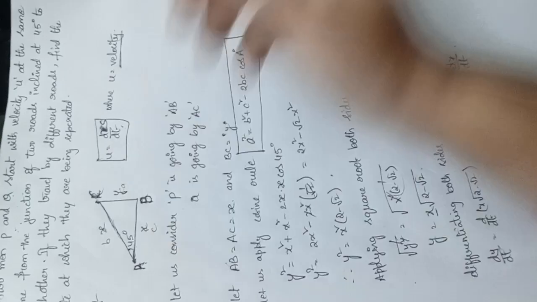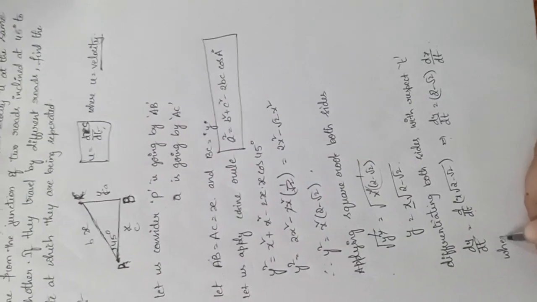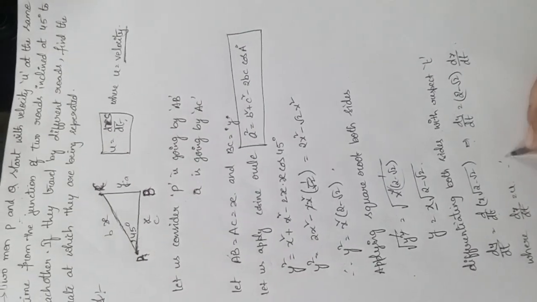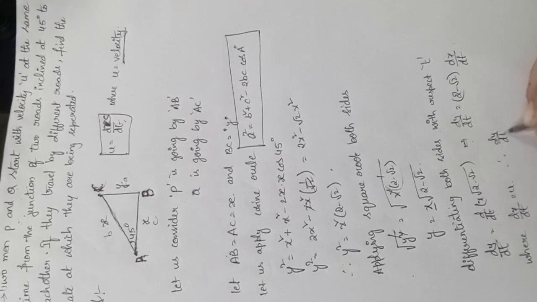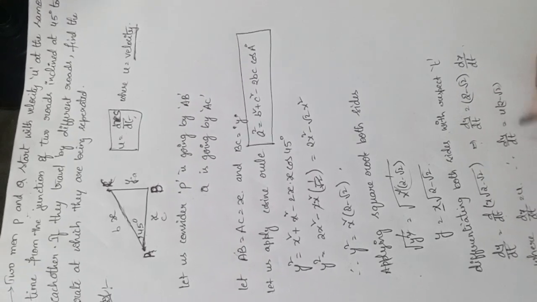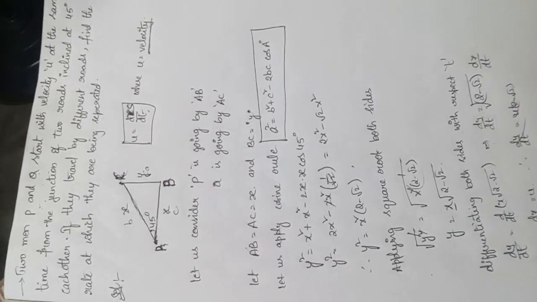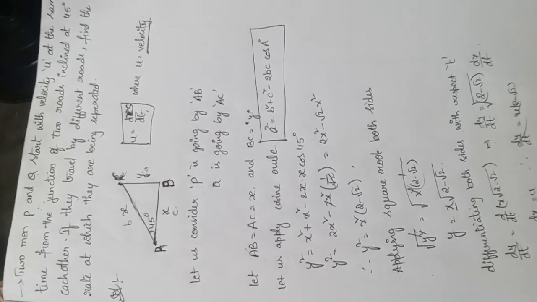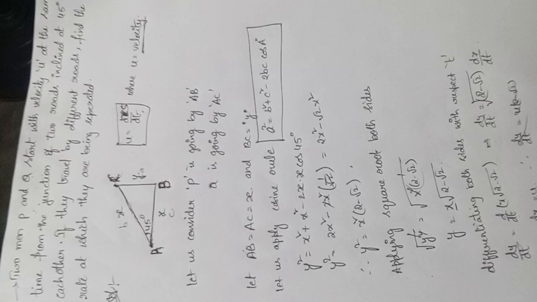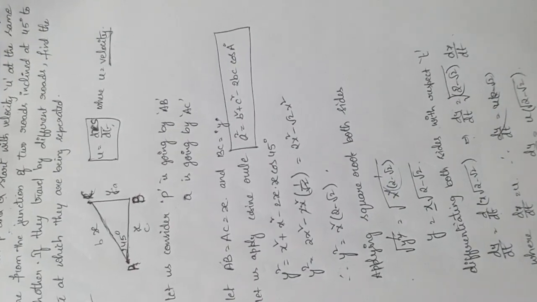So if you take dx by dt equals u, therefore dy by dt equals u into root of 2 minus root 2. Okay.